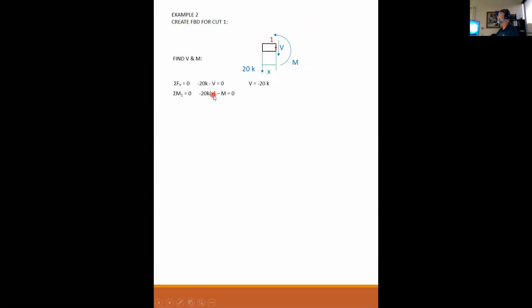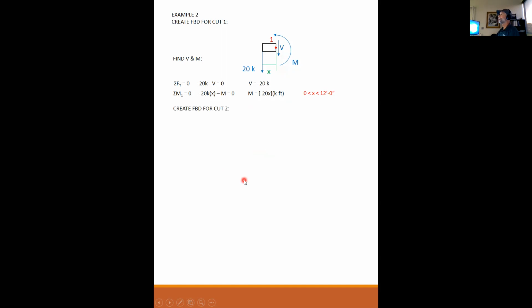The internal moment, a positive moment, is trying to turn it counterclockwise, so it's negative as well. Solving, M is equal to minus 20x, and this is in kip feet. This answer is valid between 0 and 12 feet, which is where the applied moment is.